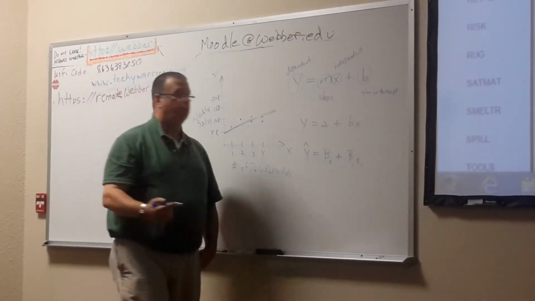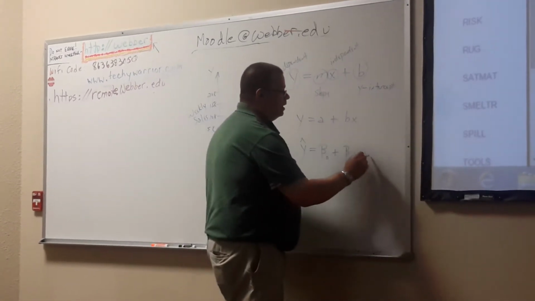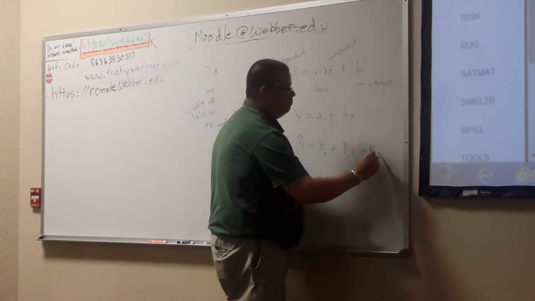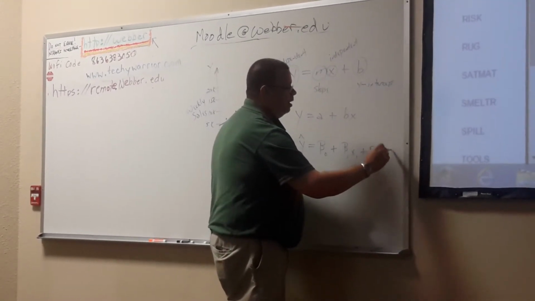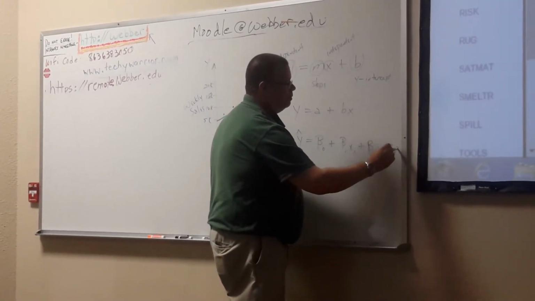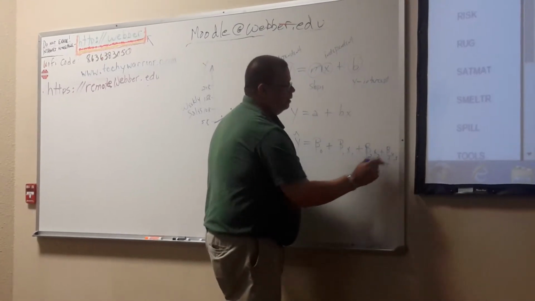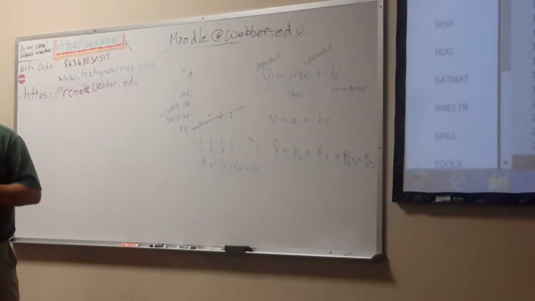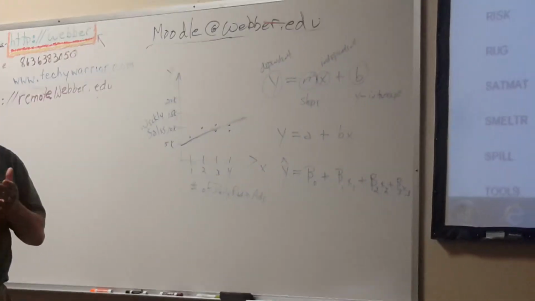And when we get into multiple regression, we'll see that we can extend that out for however many independent variables we have. We could have beta sub 2, x sub 2, beta sub 3, x sub 3, and it could go on and on for as many different independent variables as we're interested in looking at.